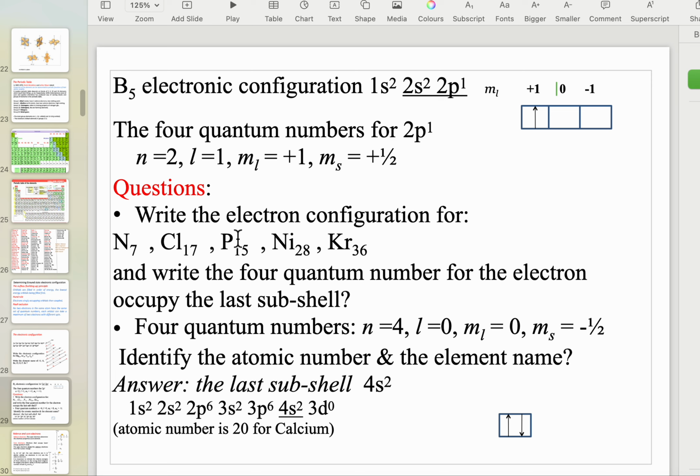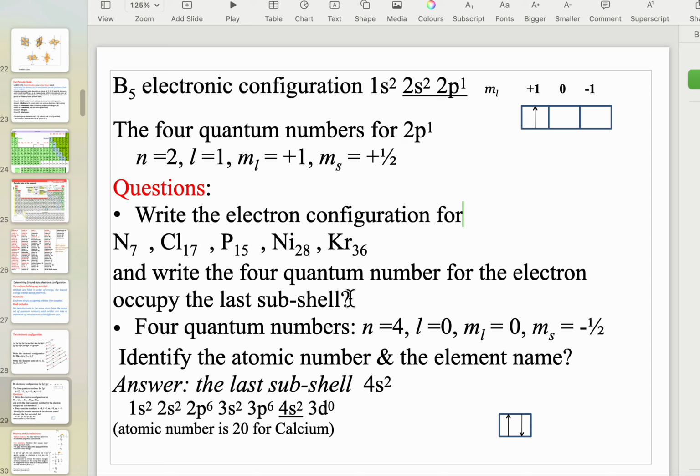So question: write the electron configuration for N7, chlorine, phosphorus, nickel, krypton. So you can do that. And write the 4 quantum numbers for the electron in the last subshell.